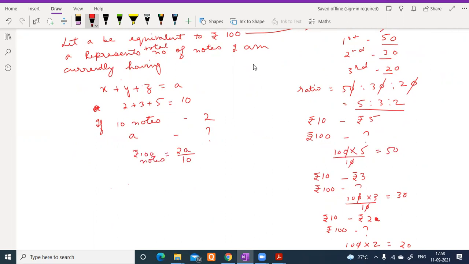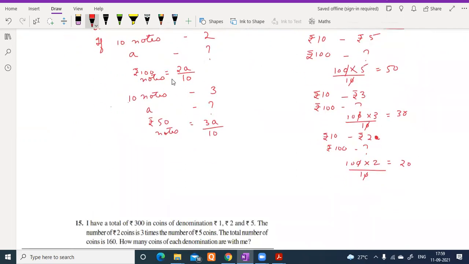It is not the value, we are talking about how many notes I have in my pocket. Similarly, for the second, if 10 notes are there, the count of second notes will be 3. If total A notes are there, how many second notes do I have? That is the rupees 50 notes, which will be 3A by 10.